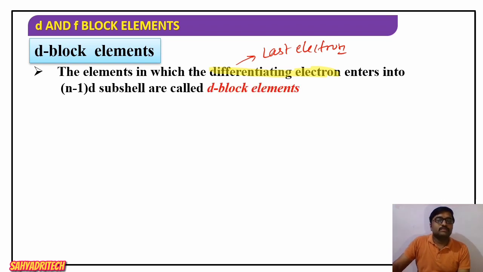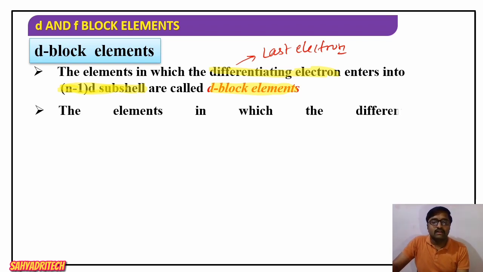Please remember this way to define d block elements. Let me repeat the definition: the elements in which the differentiating electron enters into the n minus 1 d subshell are called d block elements.